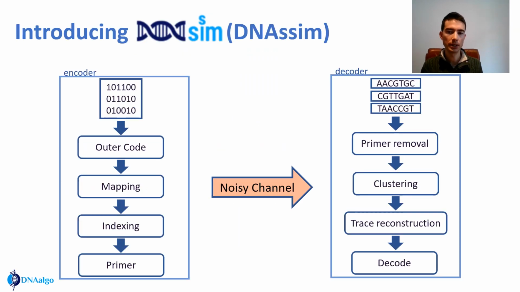So diving a little bit into the details of DNAssim, we found out that it is divided into three main parts. So there is the encoder, the noisy channel, and the decoder. The encoder takes as input some data, brings them to the binary domain, so only ones and zeros, applies an outer code which allows then reconstruction of the written information.